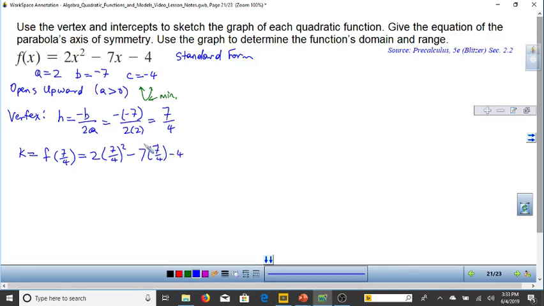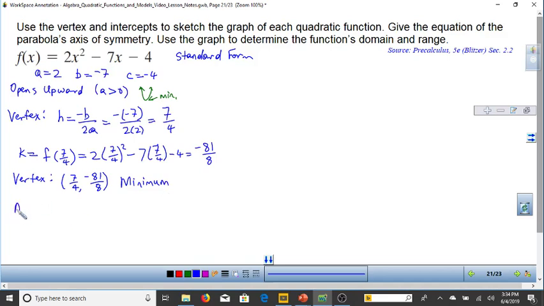You can just plug that into your calculator and you'll see that that works out to be negative 81 over 8. So then our vertex has coordinates 7/4, comma, negative 81 over 8, which is negative 10 1/8. And that point is a minimum point.